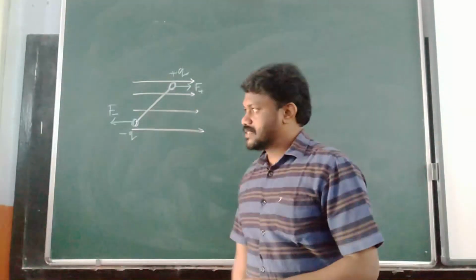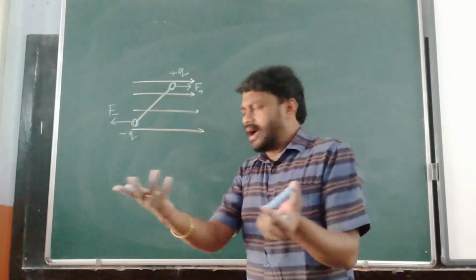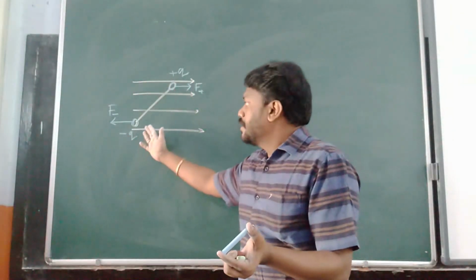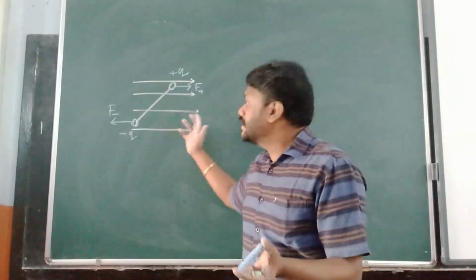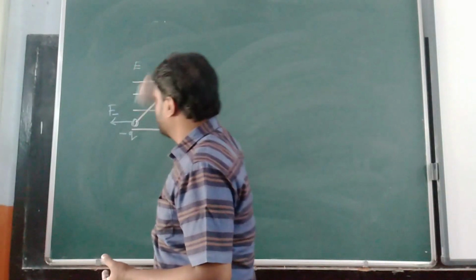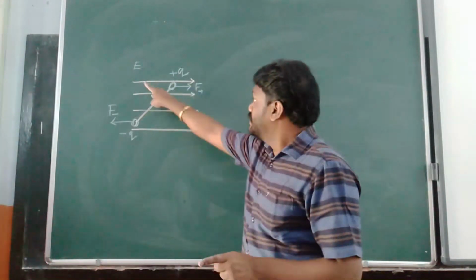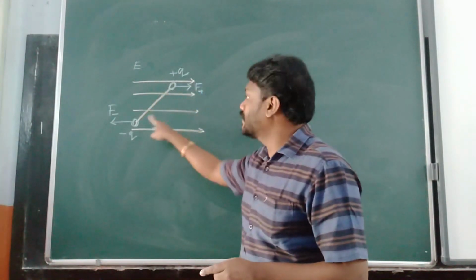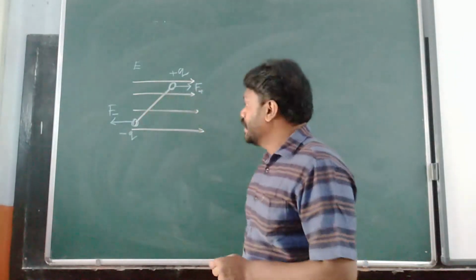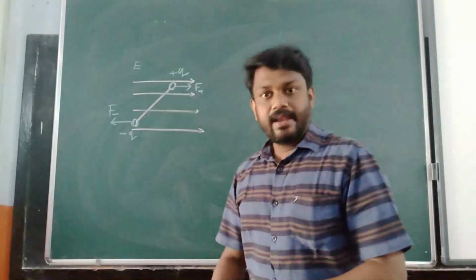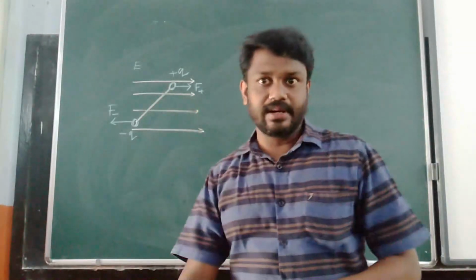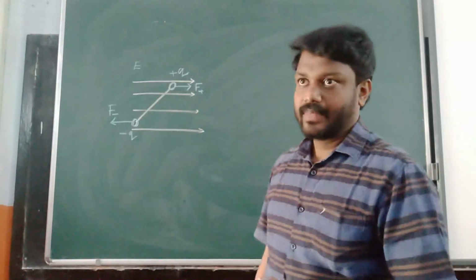So this figure shows a dipole, the same dipole having the charge minus q and plus q, placed in an external electric field of intensity E. Remember, these lines are showing electric field lines. See the parallel lines with an arrow mark, they are showing electric field lines. And from the diagram you can see that these field lines are parallel to each other.